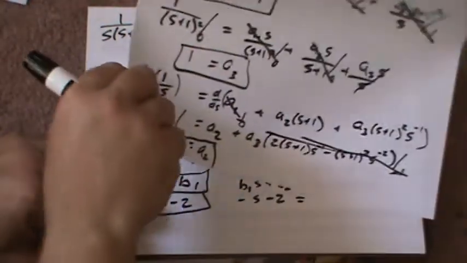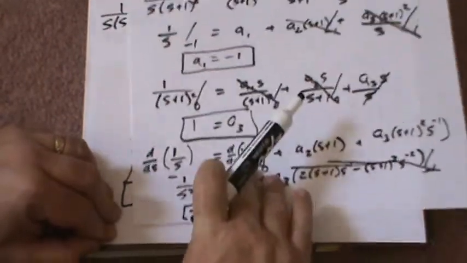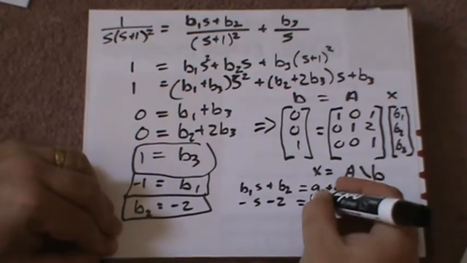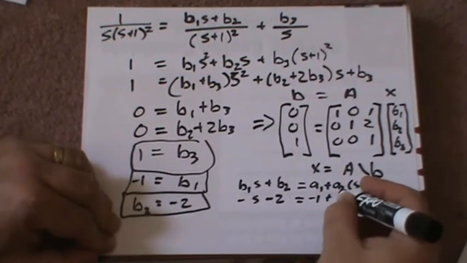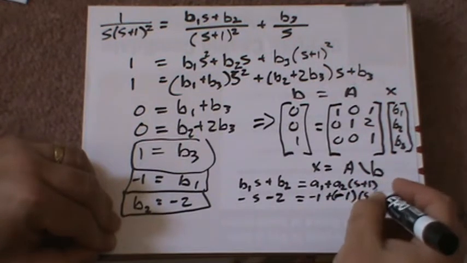Now let's pull in my a1s and a2s. Well, we found a1 was equal to -1 and a2 was equal to -1. So that's -1 plus -1 times s plus 1.